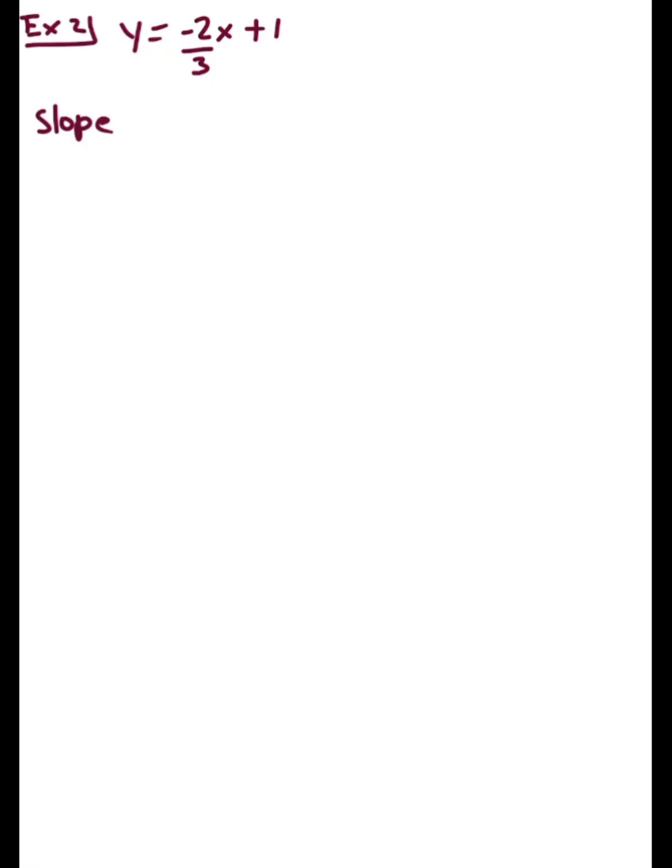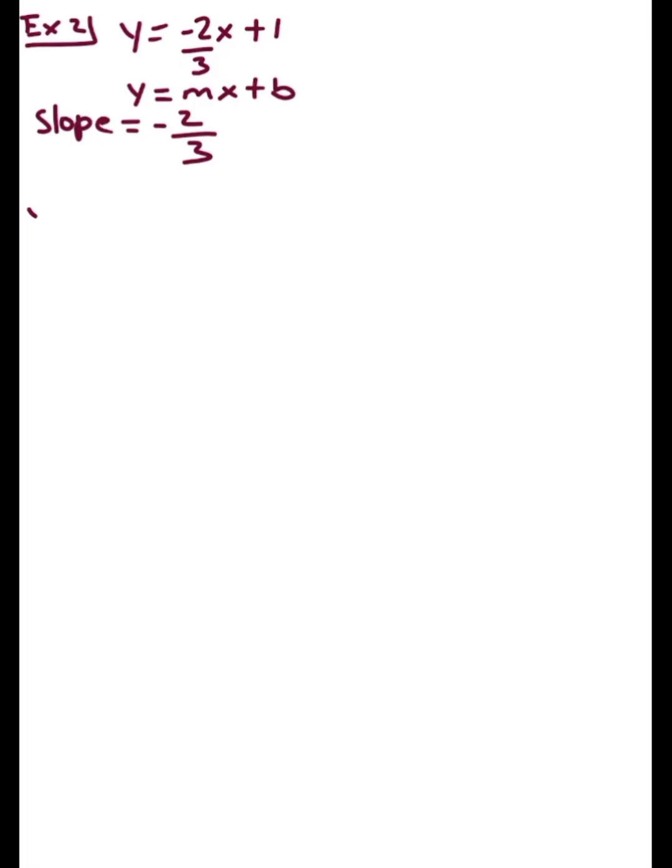So if we look at this equation and we look at the general formula, we know that we have y equals mx plus b, where m is represented by the slope. So our slope in example 2 would be negative 2 over 3. So what does that mean?